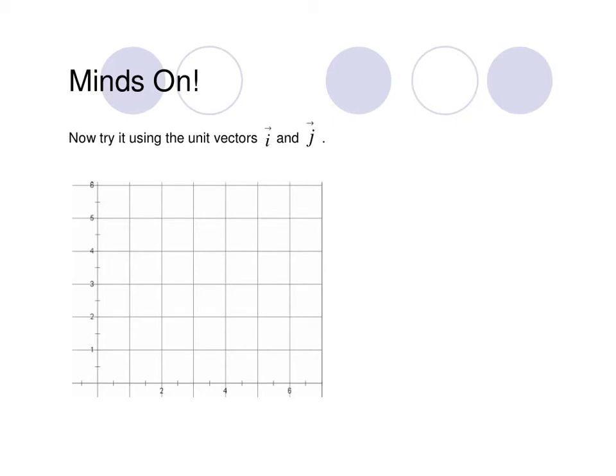So we can draw the vector OP once again, like so, and now what we can do is draw those unit vectors i and j in there. So for example, we're going to move one vector i, or 1i to the right, and then 3 j's, which is the unit vector going in the vertical direction. So j, j, and j.